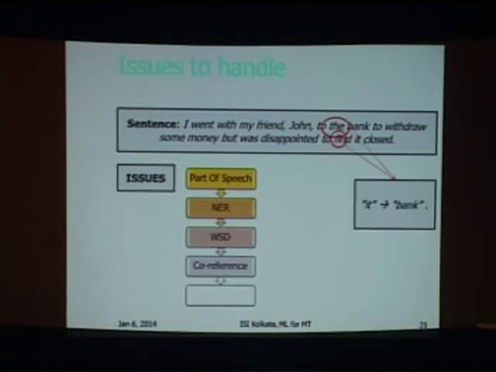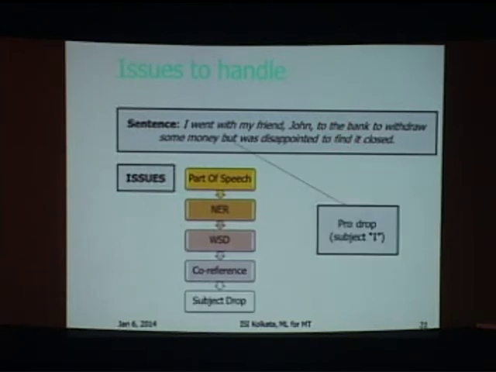This is sense disambiguation. Then co-reference disambiguation: what was disappointed to find it closed? What does "it" refer to? The final disambiguation is a difficult problem in NLP, the subject problem: who was disappointed? That needs to be resolved.